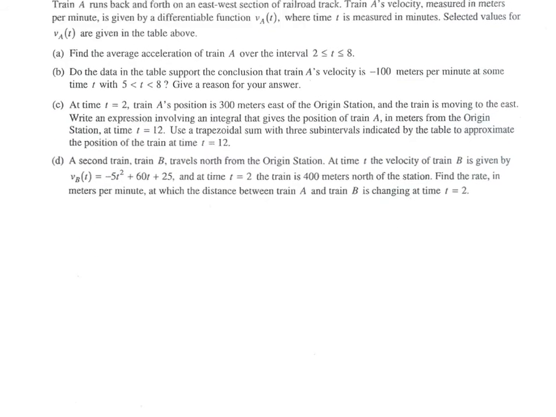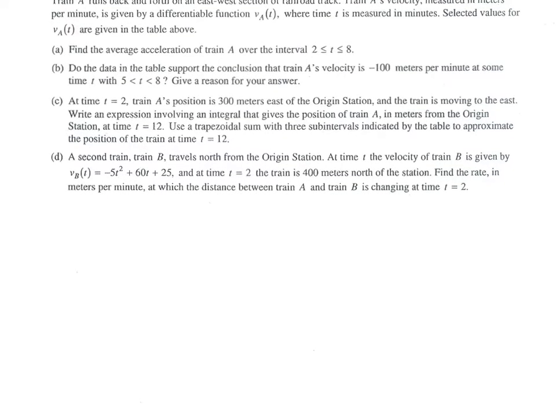And we're up to part C. Part C starts at t equals 2. Train A's position is 300 meters east of the origin station, and the train is moving to the east. Write an expression involving an integral that gives the position of train A at time t equals 12. Okay, so that's the first part.